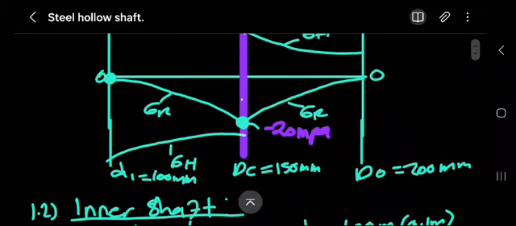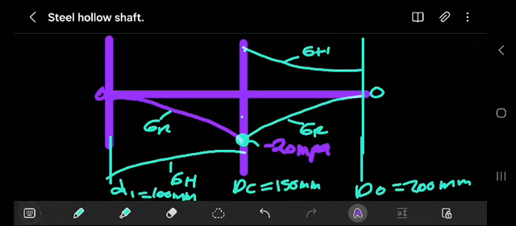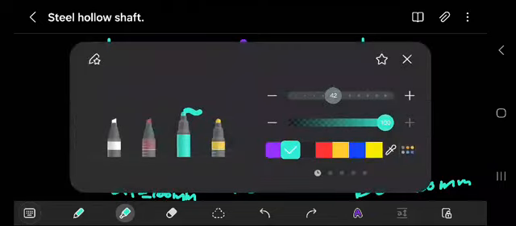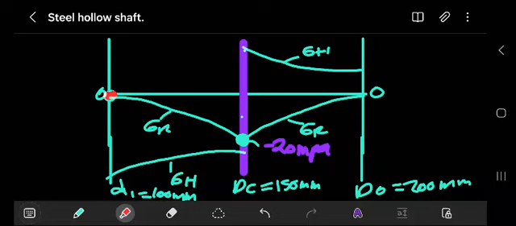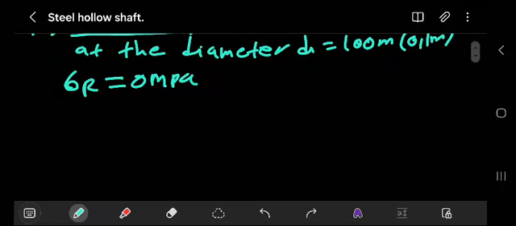I've discussed about that. Let me use some different highlighter. There, you see, here is negative 20. Also here we have 0, but now we're focusing on this part first for the inner, right? So what is radial?